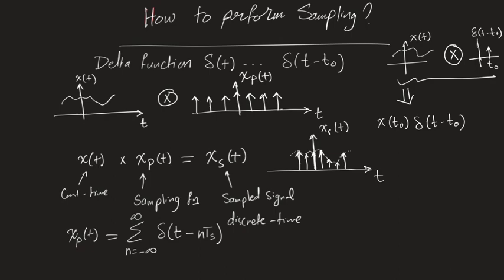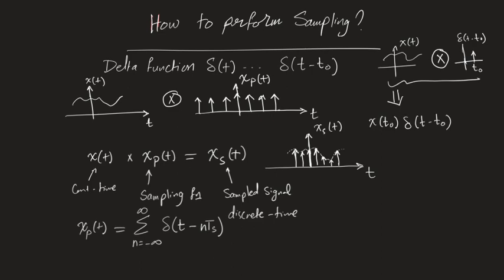Okay. Now, let's perform this multiplication operation to see how the output function, the sampled function, would look like. So this is x_p. Now, what we can do is plug this into the expression that we have here. So we end up with x of t multiplied by that summation from n equals minus infinity to infinity, delta of t minus nTs, right?